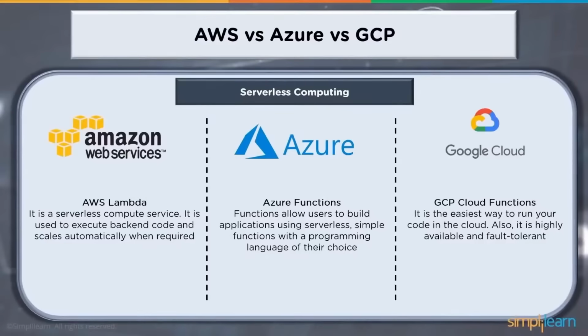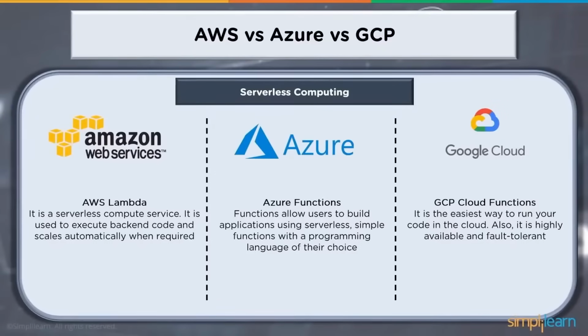So serverless computing is gaining quite popularity these days in comparison to the traditional three-tier architecture, where you had a presentation layer, you had an application layer, you had a database layer.